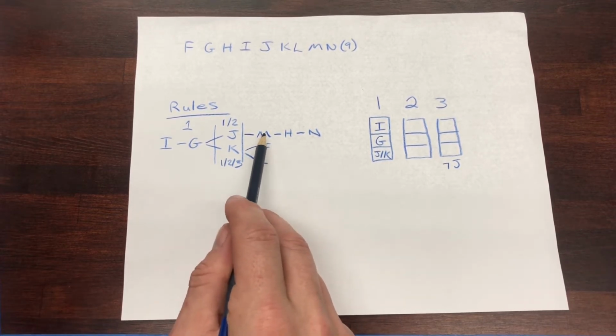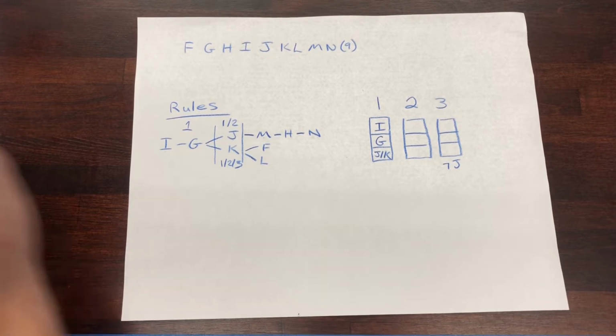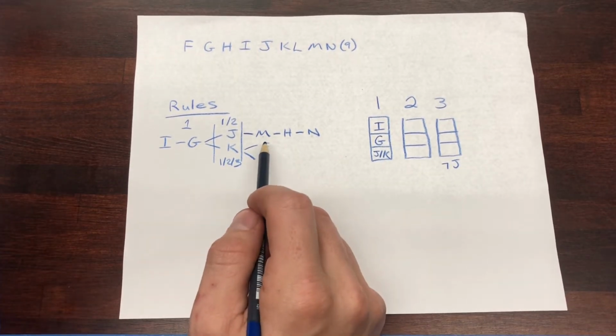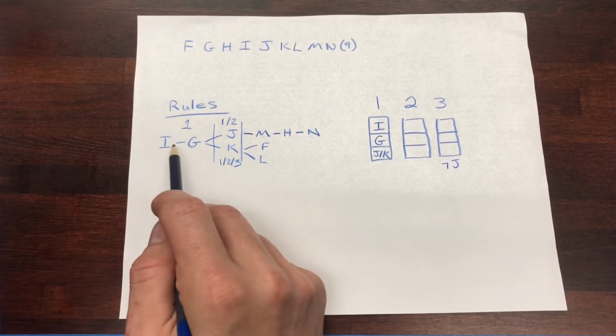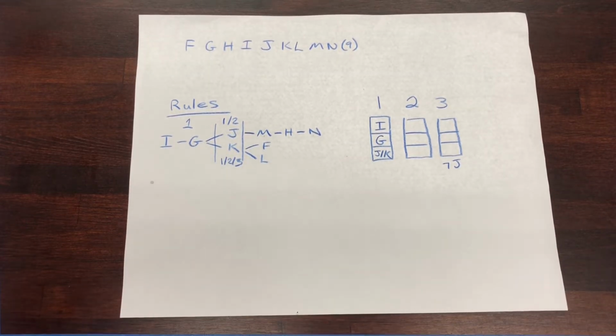Is it L? Is it M? I don't know. It's not fully determined. Next one, F and M. So if I have F and M, then I have who is in the first class. Is it J or is it K? I don't know. And that doesn't work, so we're moving on.